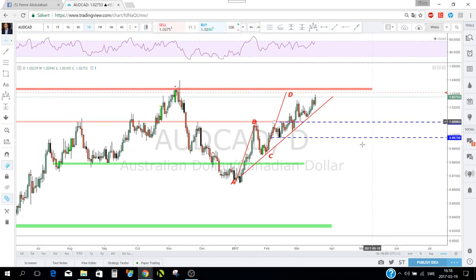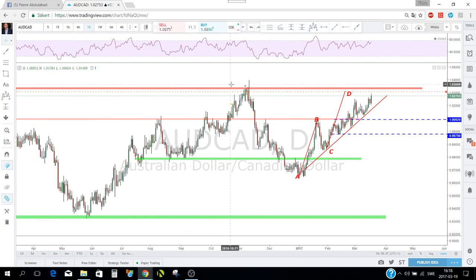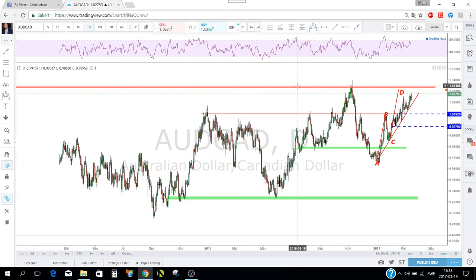Aussie CAD, I'm still waiting for this AB equal CD completion up here. As you see, my alert is at the 1.0307 area, and when price reach this level, then I will start to look for entry reason for shorts, because as you know, guys, this level here is a very important and old level.